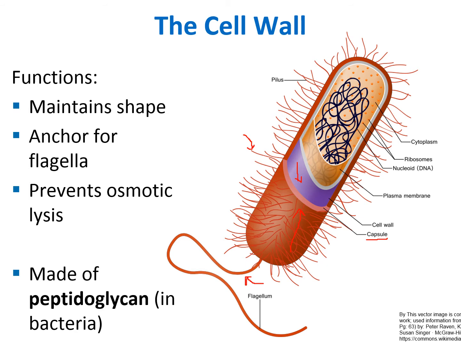That's why it's called osmotic lysis. The cell wall of your prokaryotes, and we're talking about bacteria here specifically, is made up of an unusual molecule called peptidoglycan. And peptidoglycan is an antigen. That is, it can stimulate the production of antibodies by the human body.